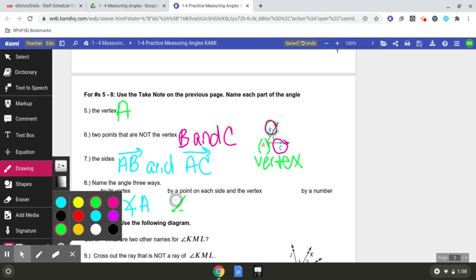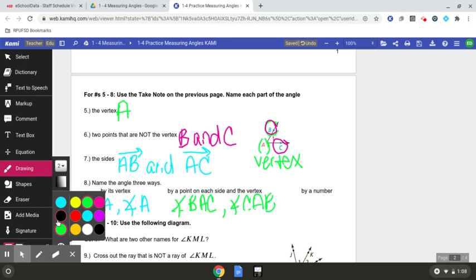So we could say this is angle BAC. A has to be in the center, or we could reverse and go the other way, CAB. And then the final way to name this is by the number that's in the center there. So this could just be angle 1.